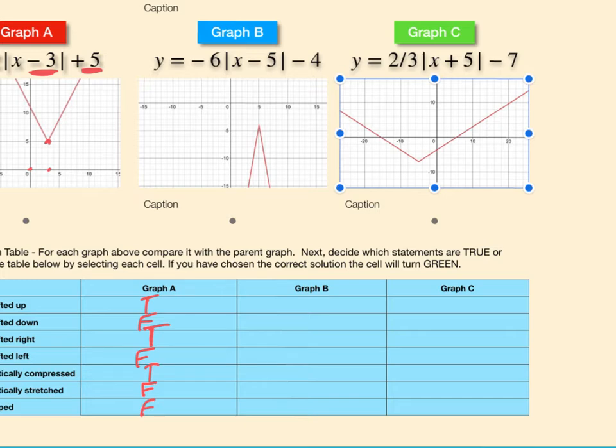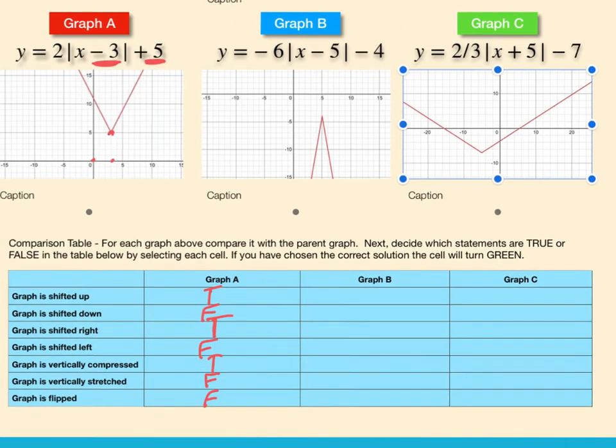So, moving right along. Did we go up? No. Did we go down? Yes. How many units? Down 4, because this was a negative 4. Did we go right? Yes, we did. How many units? 5, because this was a negative 5. That means to go right. Did we go left? Obviously not.